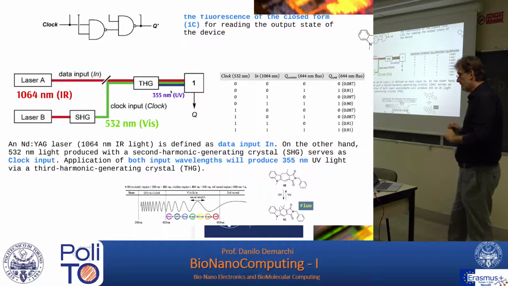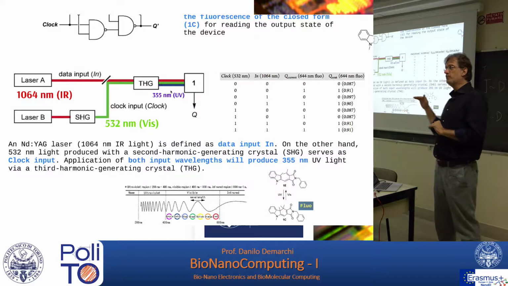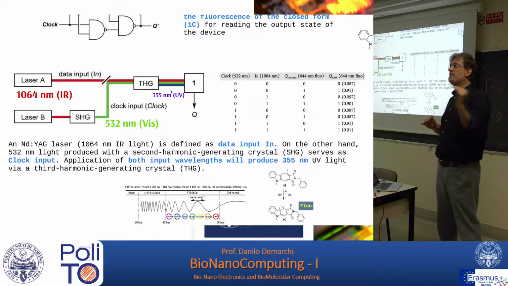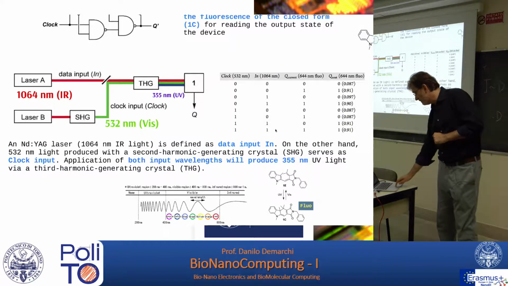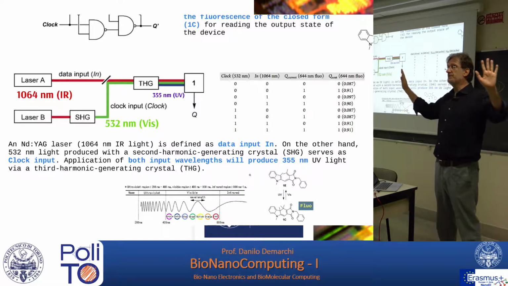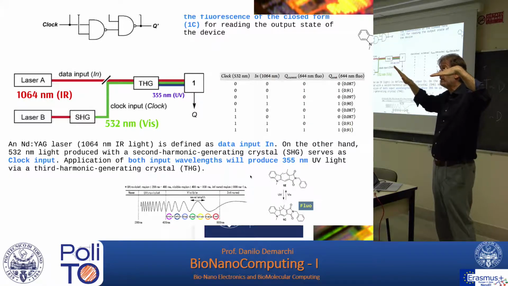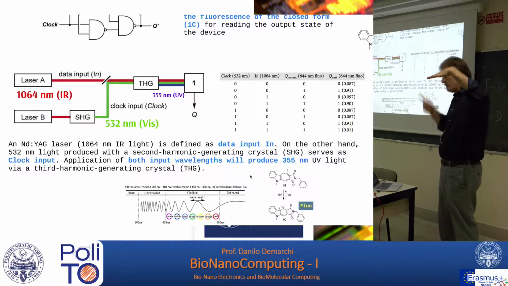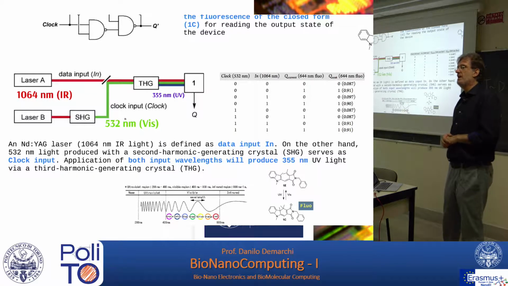Okay, so how does this system work? Think of this. Data input: I give infrared light to my molecule. I put it down here, to remember, with infrared light alone nothing happens. So it's the data, like in a flip-flop: if I have the data but without the clock, nothing happens. I switch on my laser. I give the clock input.